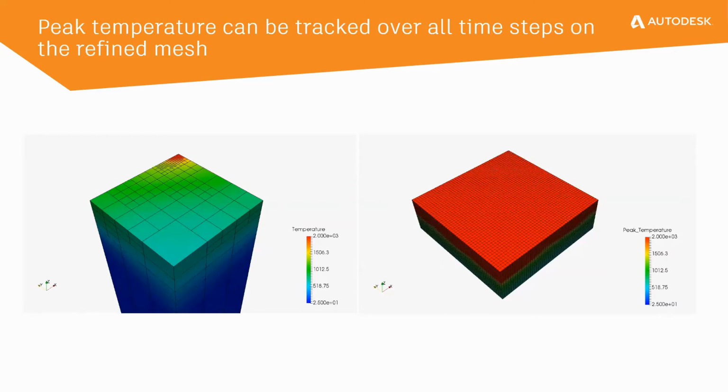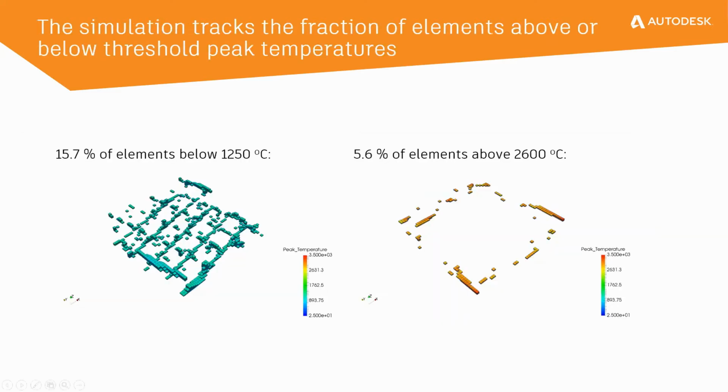That means that at any given layer, we are able to interrogate and ask if a material got hot enough or did it get too hot. These are the two scenarios that you're seeing on the screen right now.